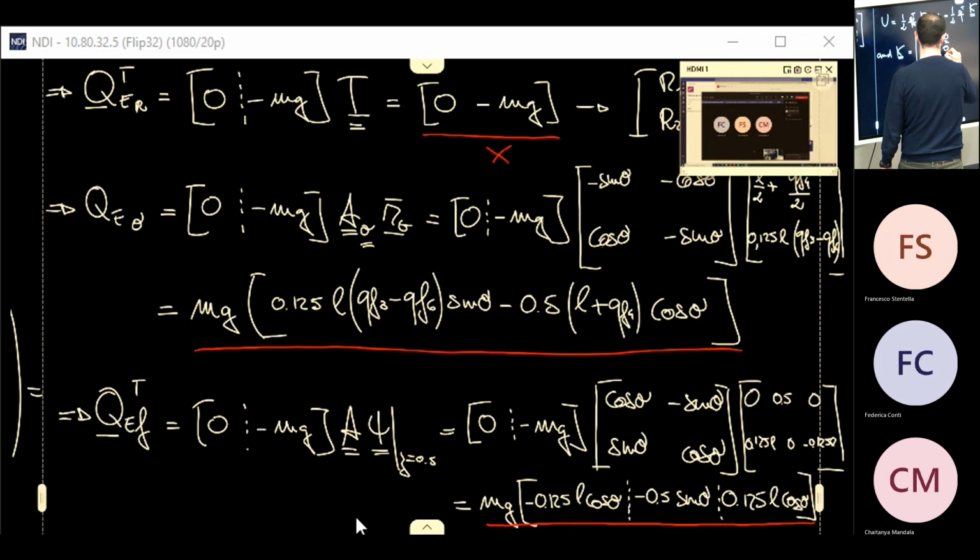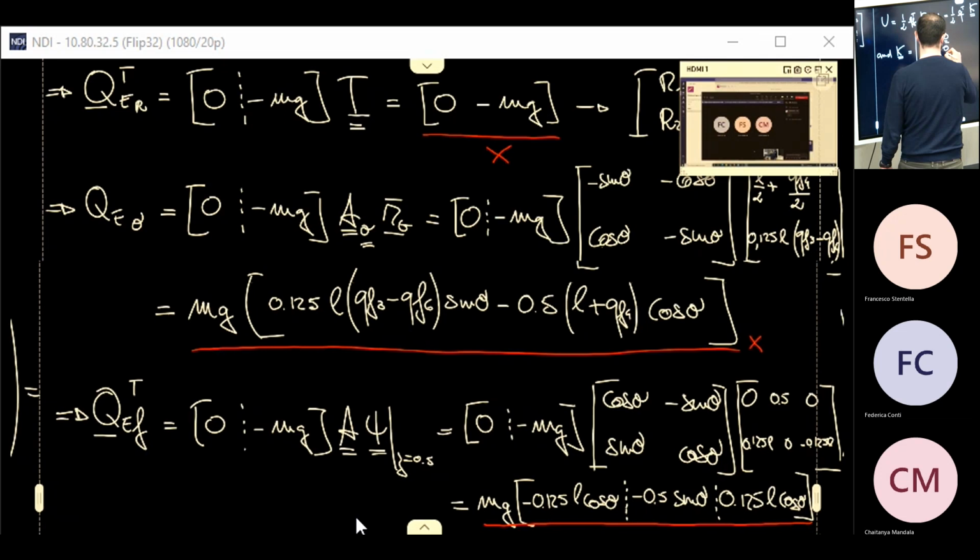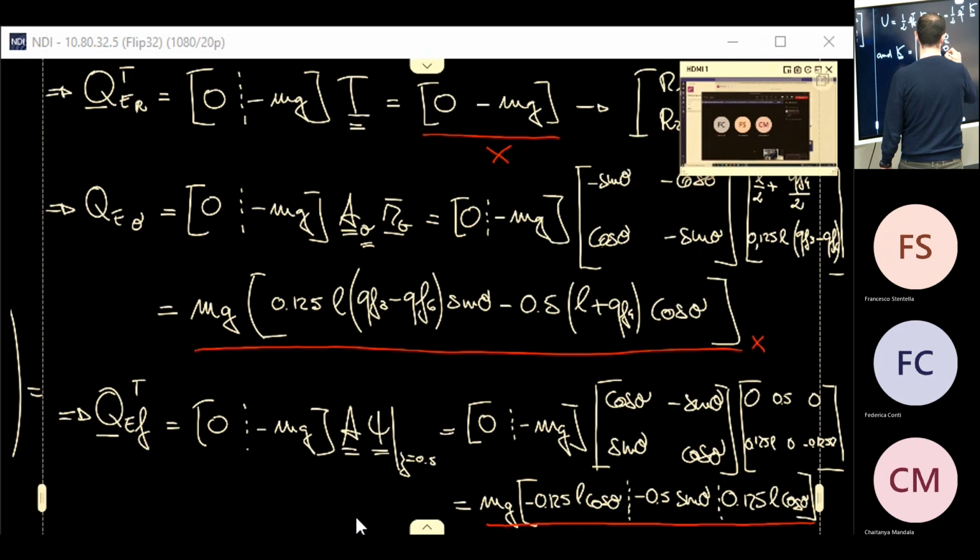The force which will try to rotate it along theta is this one. The force which will try to bend it and elongate it is this. Okay? So you have decomposed it. So these are called generalized external forces. And we have now treated them and explicitated them, in practice.